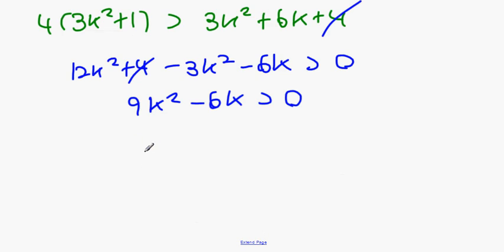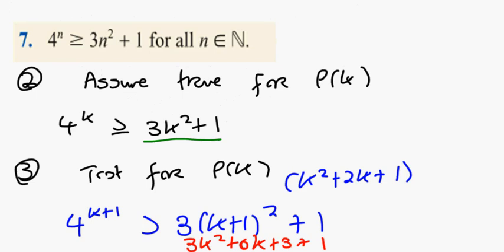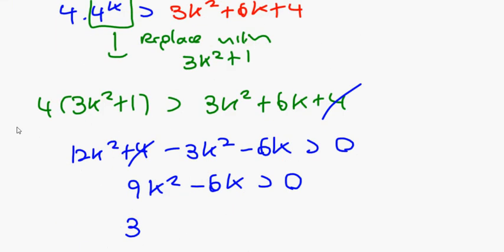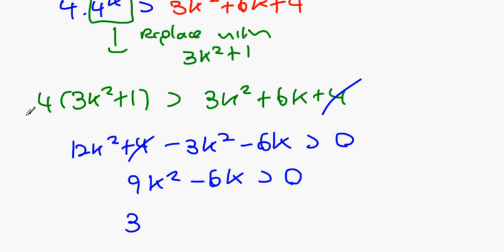Now this is going to mean this is going to be 3k. So this is question 7.